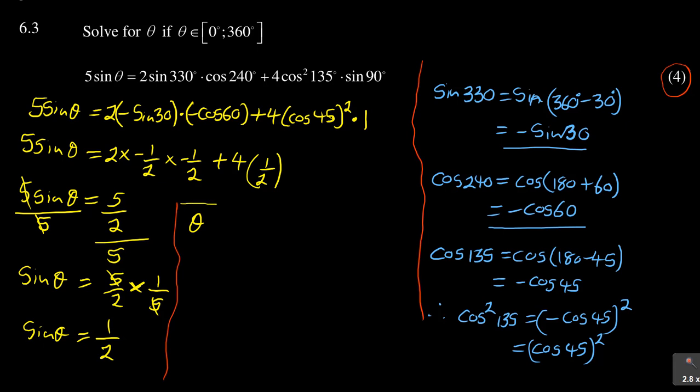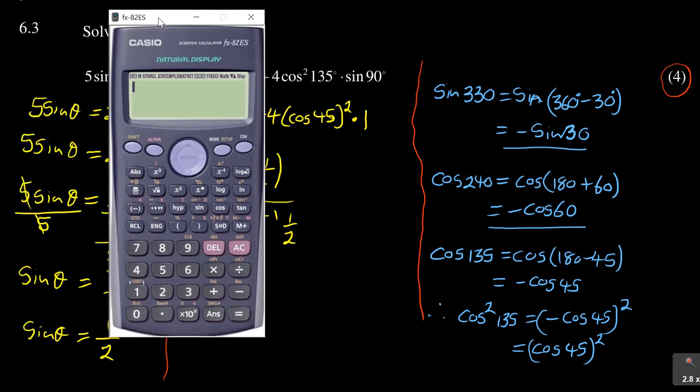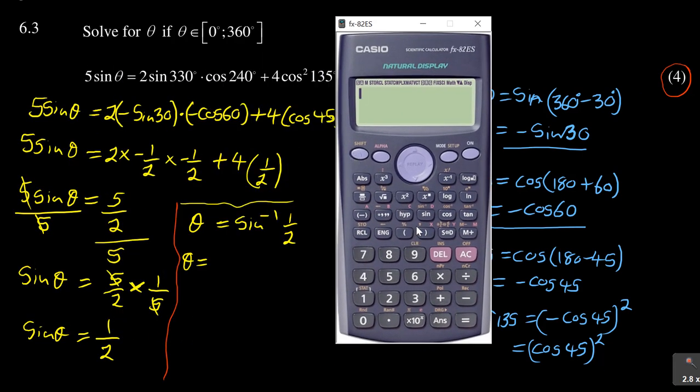Now when you have done that, you can therefore say theta is equal to arc sine 1 over 2. So we'll come to arc sine, so shift arc sine 1 over 2, and then it gives me 30 degrees.